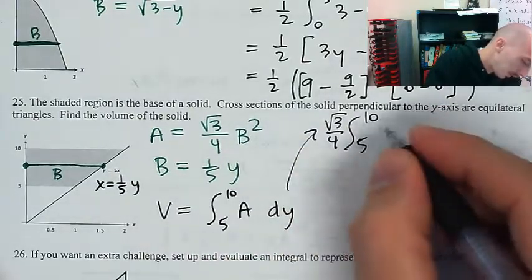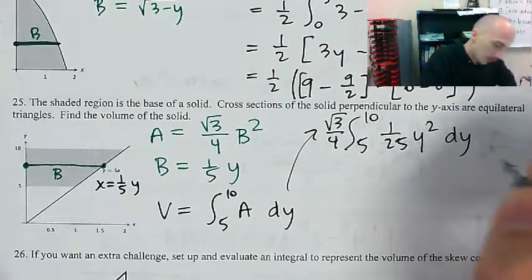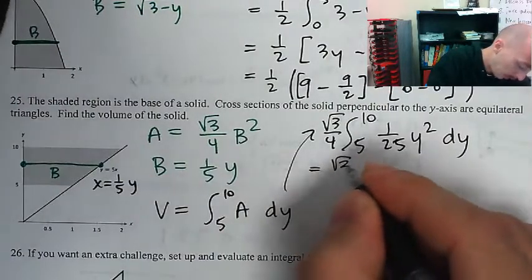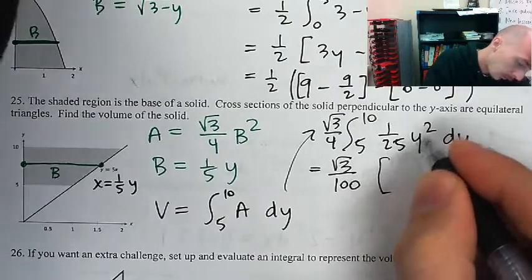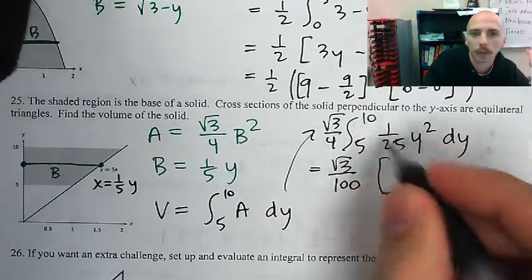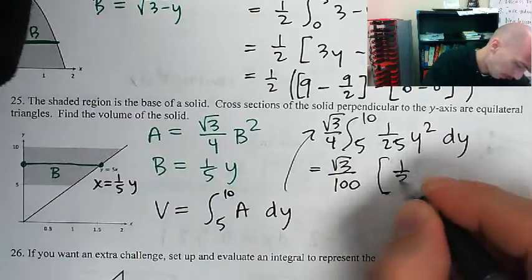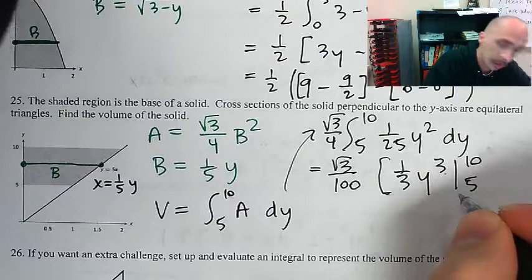Okay, if I square that base, I'm going to get 1 over 25 y squared. And I might also say that's root 3 over 100 times, okay, now I'm going to take the antiderivative of just the y squared. I factored out the 25 just to deal with it a different time. And so it'll be 1/3 y to the third as y runs from 5 to 10.